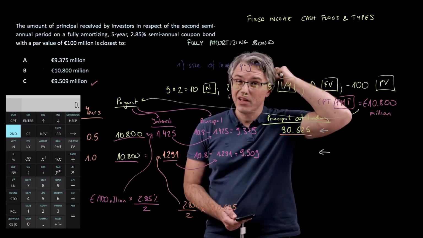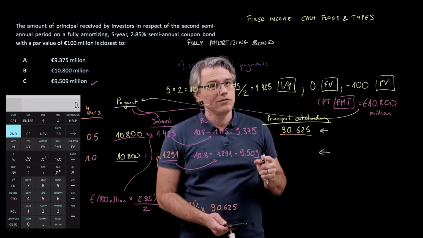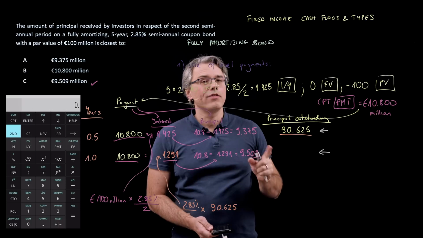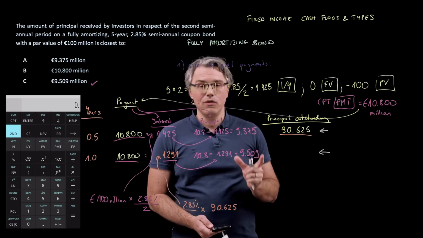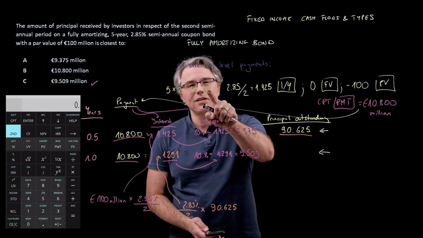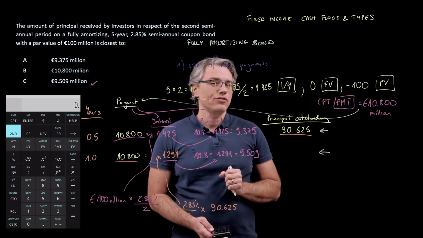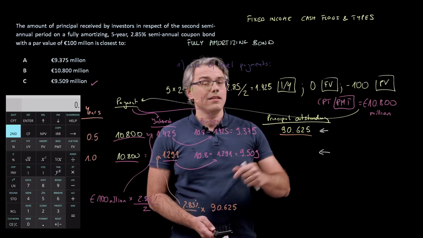For example, I could ask the calculator to compute the PV, the present value of the bond or the principal outstanding, if I just adjust the number of periods from the initial 10 down to 9.